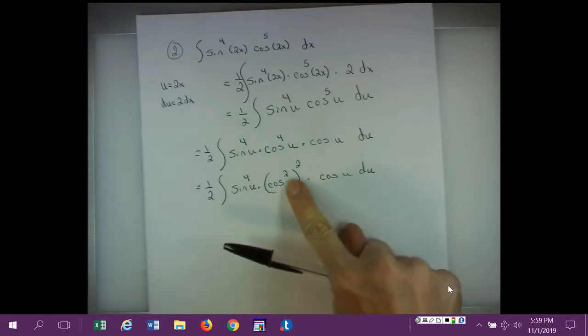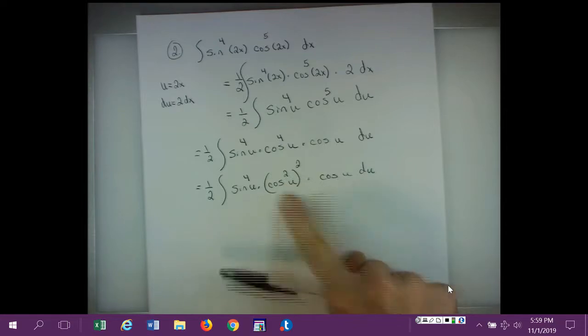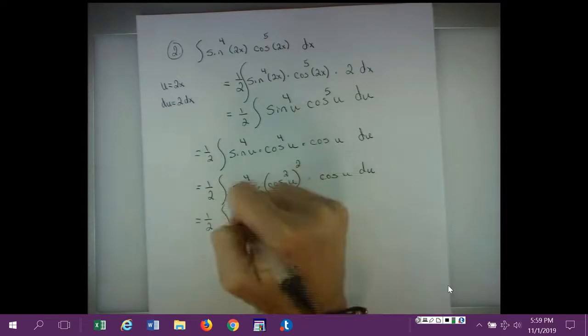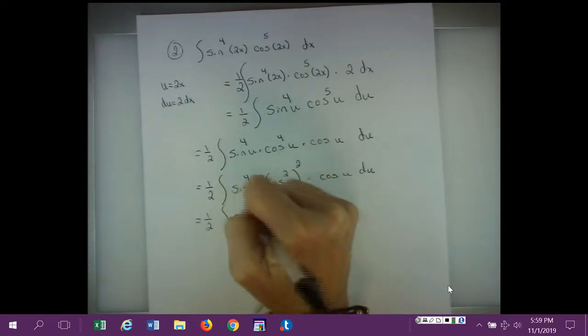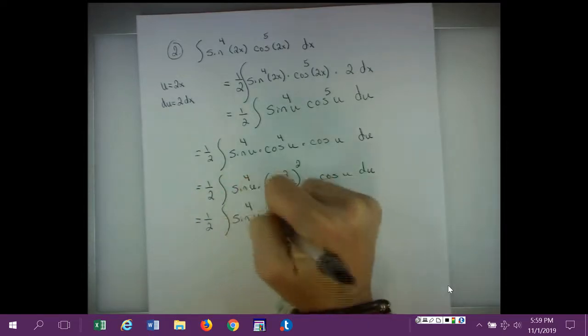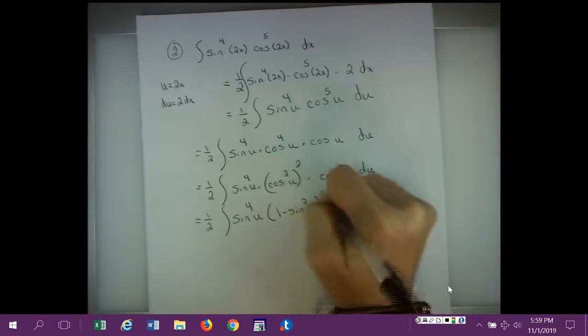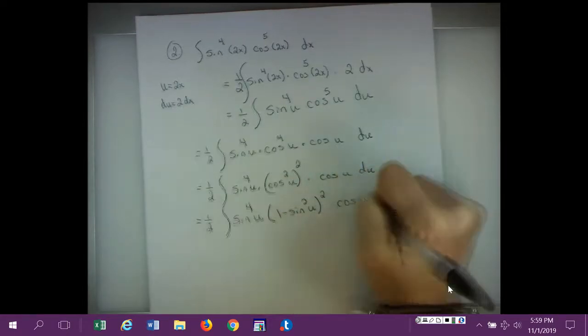This is going to be cosine to the 4th times cosine is cosine to the 5th. For cosine squared, it said use the Pythagorean identity. And that's going to be 1 minus sine squared u quantity squared times cosine u du.